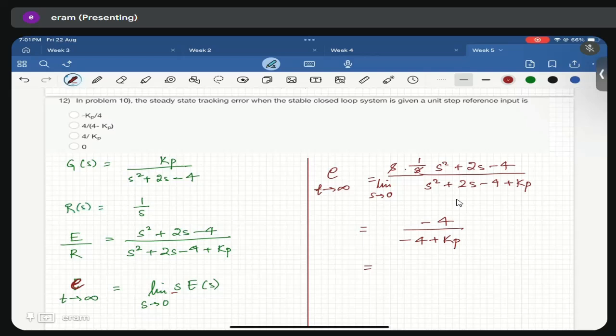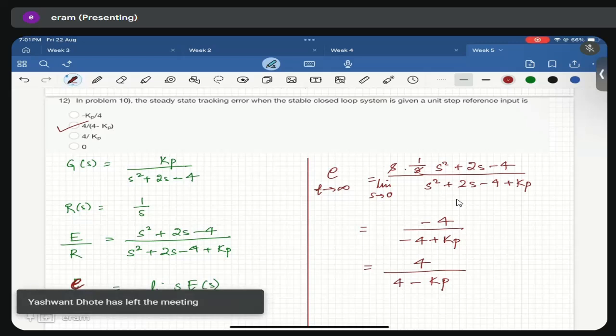We can multiply numerator and denominator by minus 1, then it will be 4 by 4 minus Kp. The second option is correct. Is it clear?